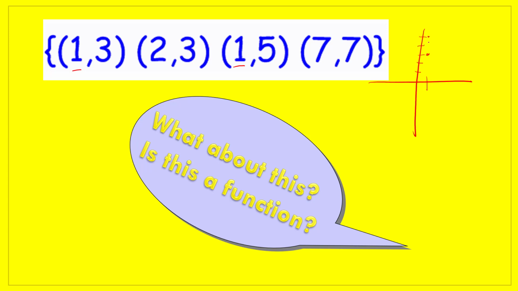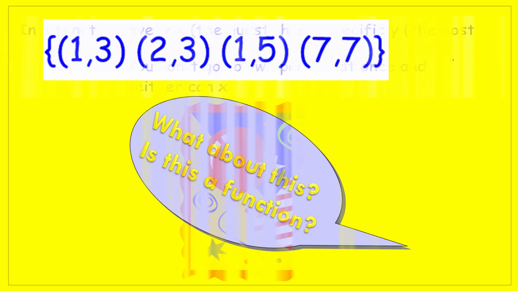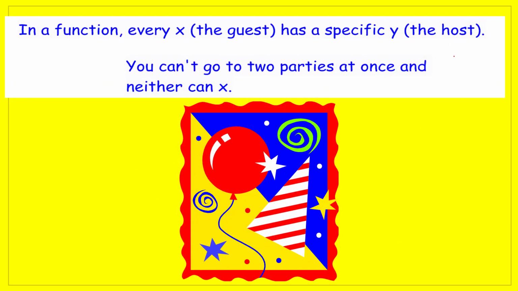We have more than one x trying to go to more than one location. That's not going to work, and so this would not be a function. In a function, every x, the guest, has a specific y host. You can't go to two parties at once, and neither can x.